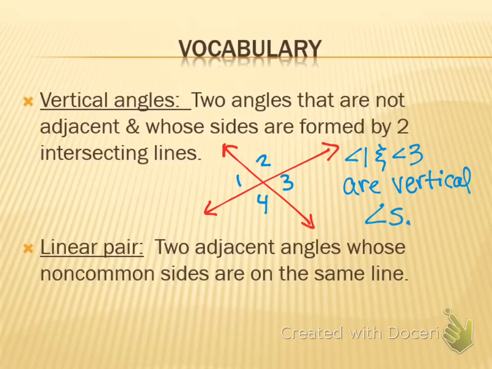But that's not the only pair of vertical angles there. What's the other pair? 2 and 4. So angle 2 and angle 4 are also vertical angles.